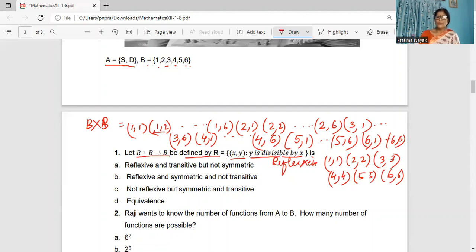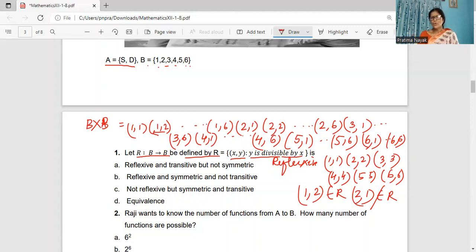Now coming to whether it will be symmetric or not. For symmetry, you know that if AB is there, BA must be there. So here this satisfies the relation because 2 is divisible by 1. But if I write 2, 1, it does not belong to R because 1 is not divisible by 2.